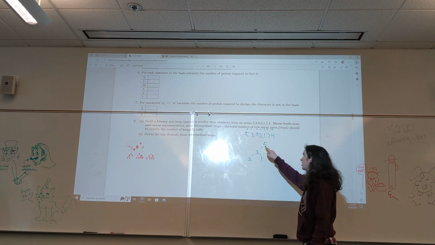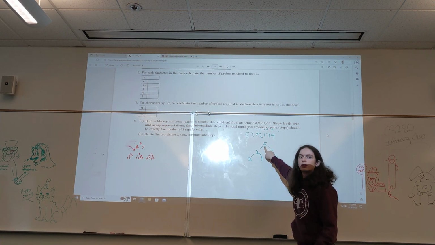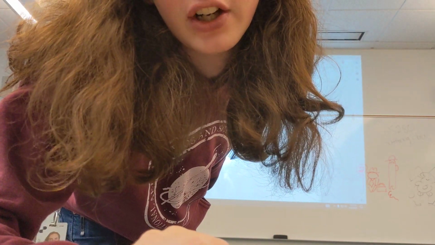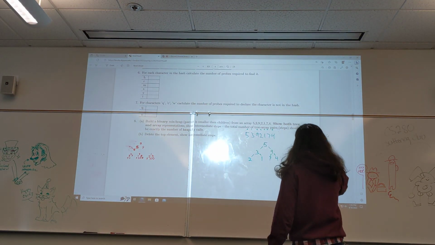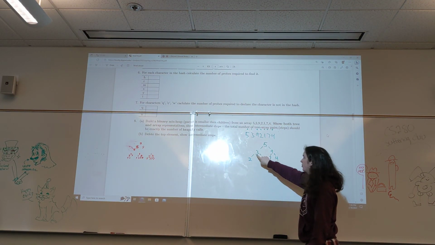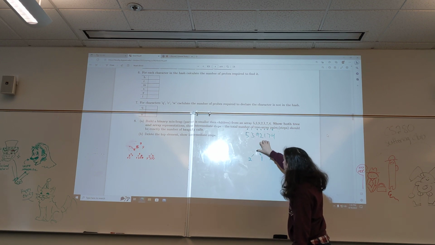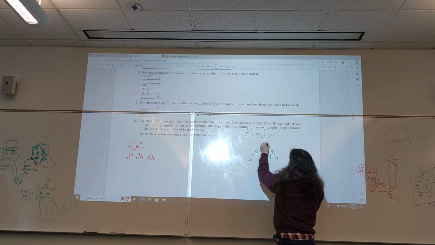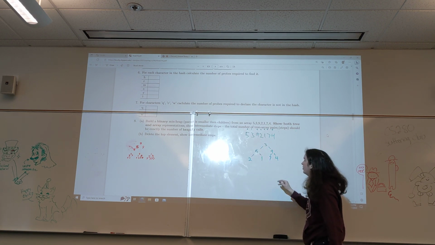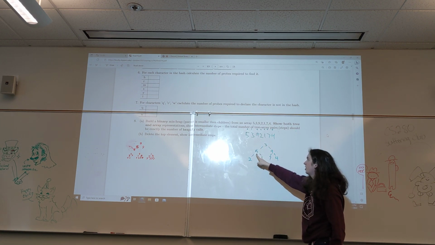What that looks like is 5, find its smallest child, because we want the minimum to go up. The smallest child is 3, swap it with 3. And then do it again. Find its smallest child, which is 1, and swap it with 1.